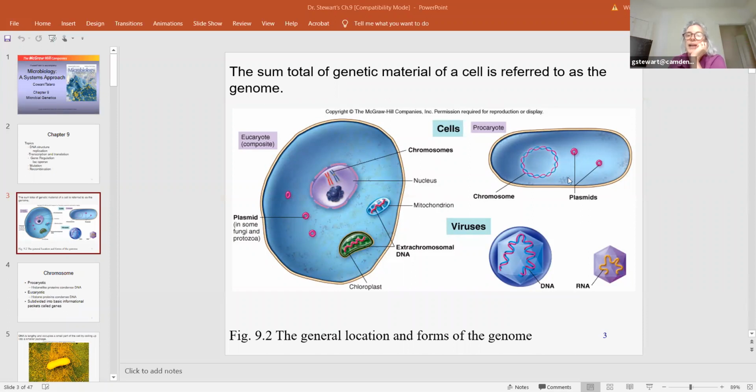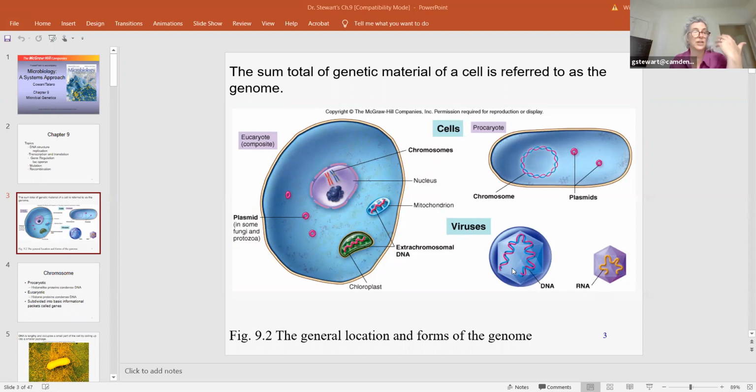Inside the prokaryote, we have this single chromosome. Notice it's twisted, double-stranded DNA, a double helix, in addition to some plasmids, potentially. And then viruses have multiple variations of genomes. Some of them have DNA, and as this one is depicted here, it has double-stranded DNA.